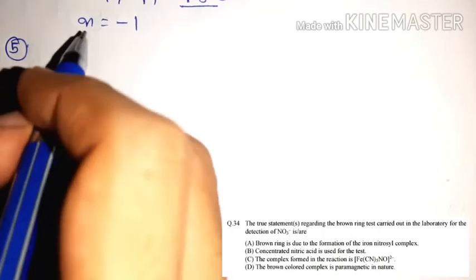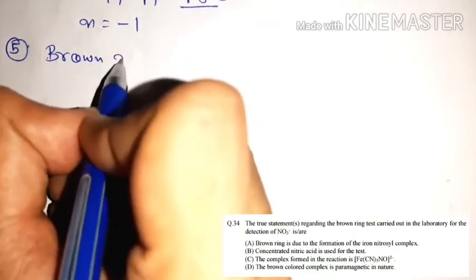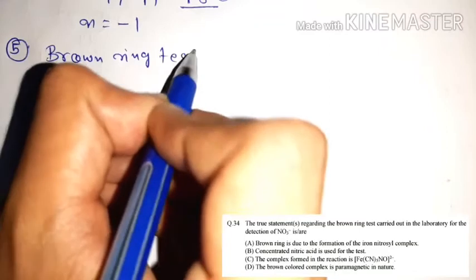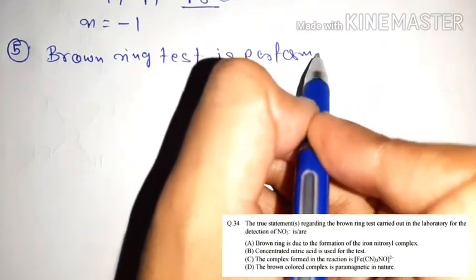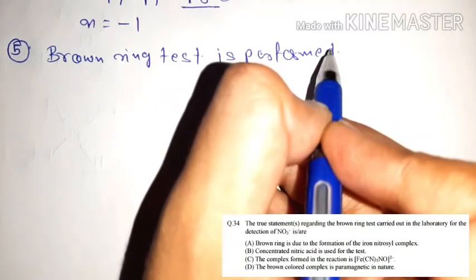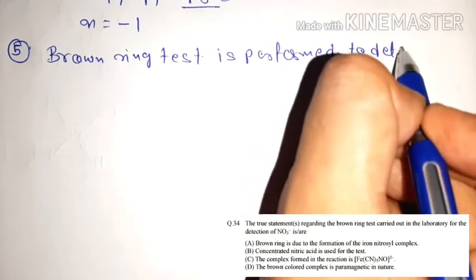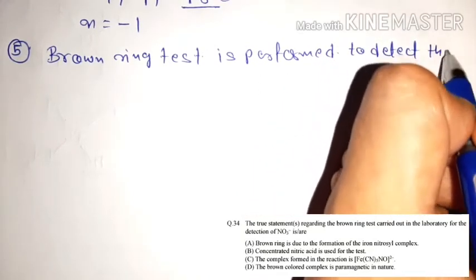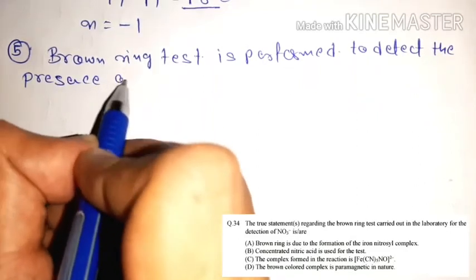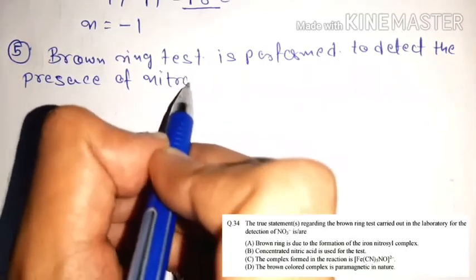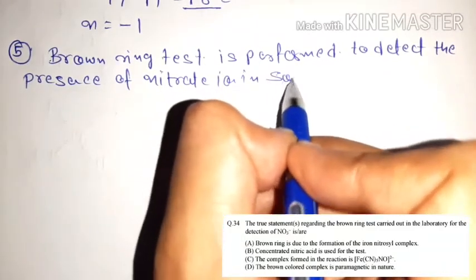So first we write that the brown ring test is performed to detect the presence of nitrate ion in solution.